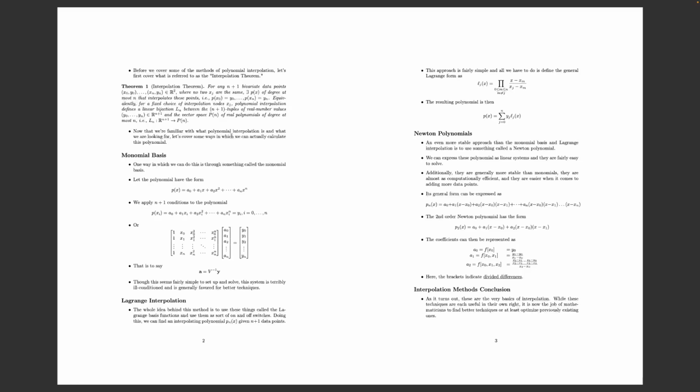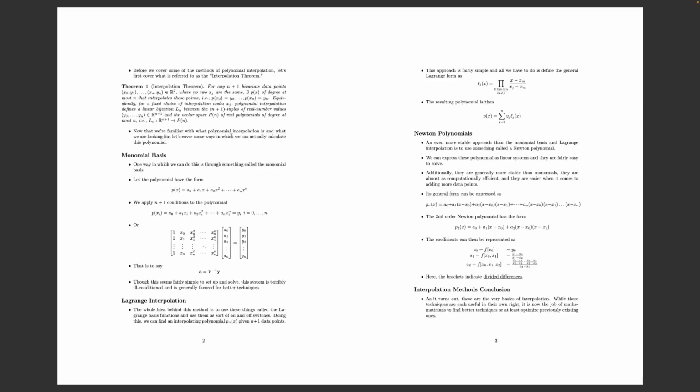Equivalently, for a fixed choice of interpolation nodes x sub j, polynomial interpolation defines a linear bijection, L sub n, between the n+1 tuples of real-numbered values, which belong in the vector space R n+1, and the vector space P sub n, which is the space of all real polynomials of degree, again, at most n.